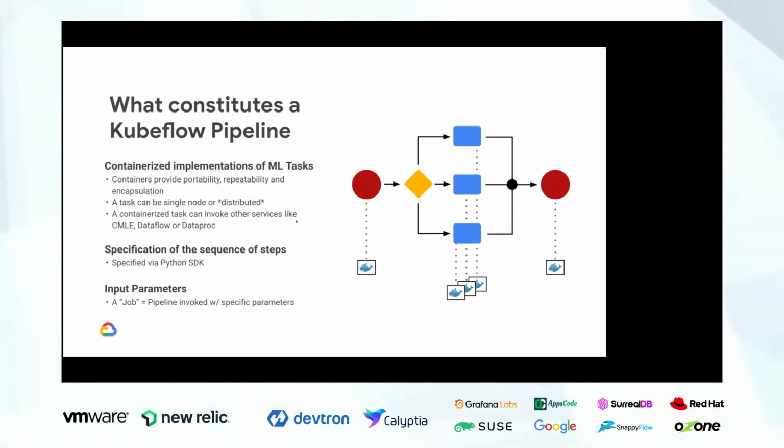Like I said, every component, every step in this pipeline can be orchestrated via a Docker container. So you package your piece of code or your logic into a Docker container, and then provision it as a pipeline component.